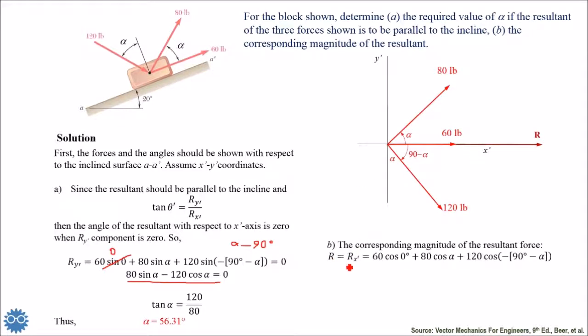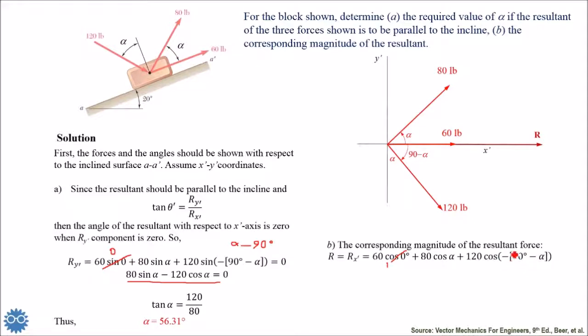So r will be rx prime, which is equal to 60 cosine 0. This is 1. And then this will be times cosine alpha. We know alpha now is 56.31. And cosine of minus 90 minus alpha.